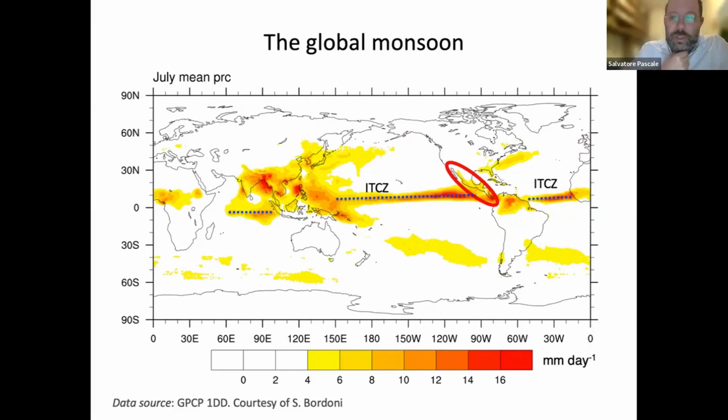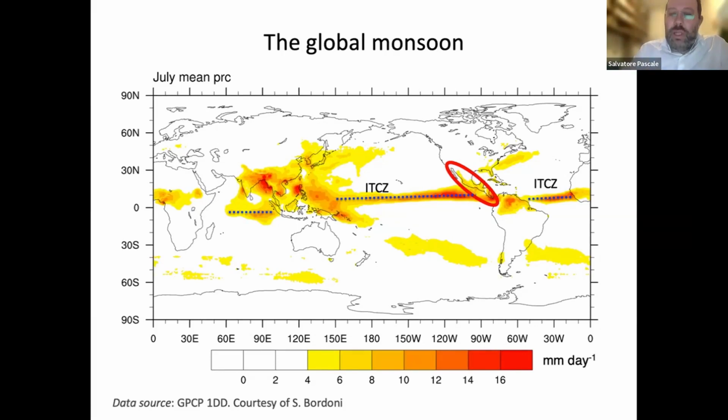What you can see from this global picture is clearly that among all the monsoons, the West African monsoon, the Asian monsoon, the South American monsoon, and so on, the North American monsoon, which you see here, is the smallest in terms of spatial extent, and actually also in terms of intensity. This was shown by Alice in one of her first slides.